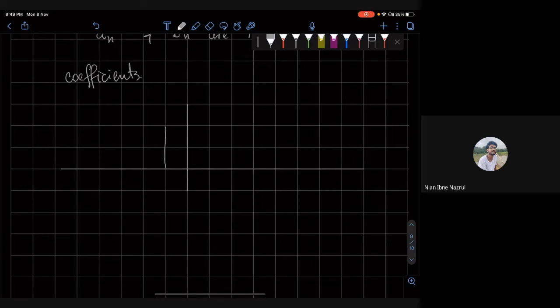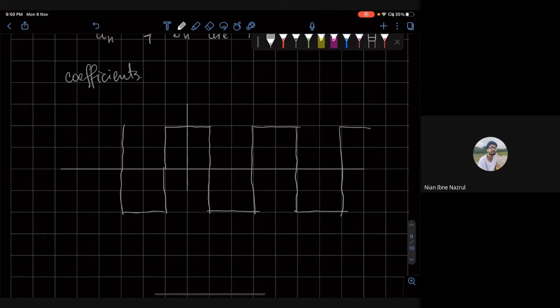Suppose you have a signal which is like a square wave. Okay. So a periodic signal, which is a square wave. Let's take, so this is f of t. So instead of x, we're using t here.